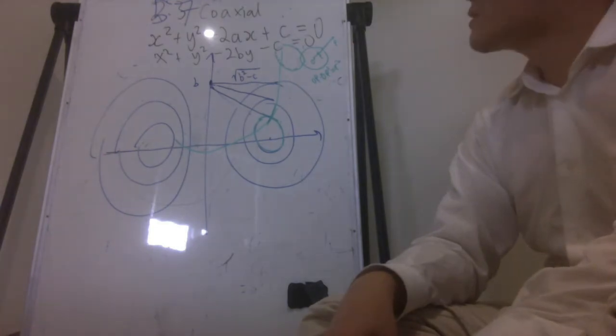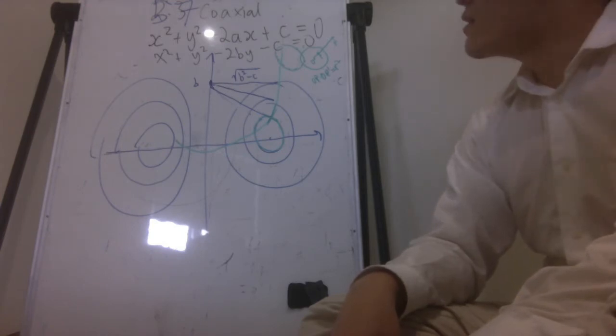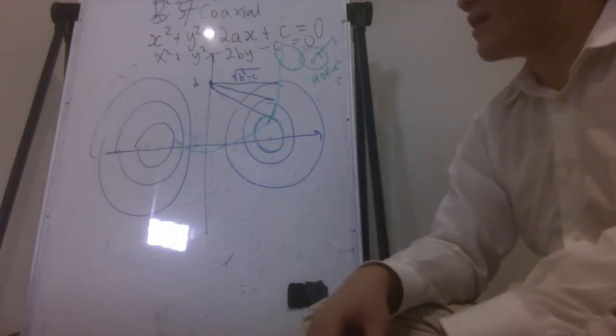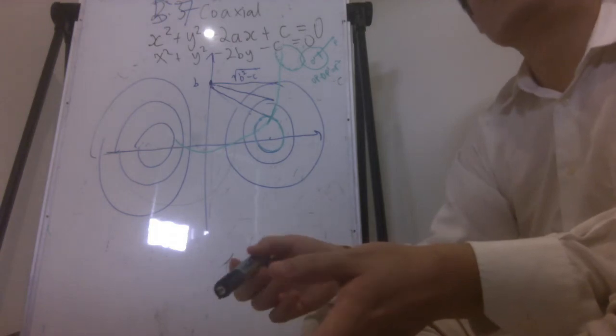So basically you have two pencils of coaxial circles, where the line joining the centers is the other pencil's radical axis.